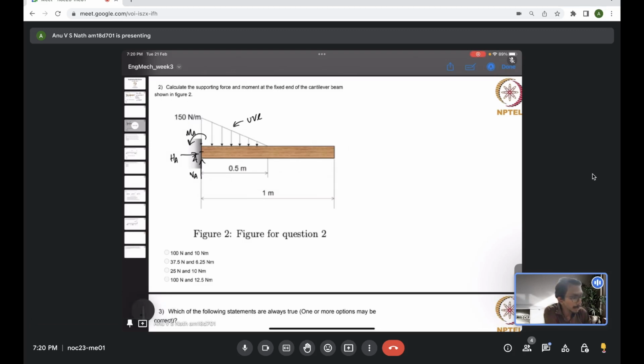You are expected to evaluate the reaction as well as the moment. I'll give you some time to try this out. It's pretty simple, basic concept only. If you find the answer, you can put it in the chat box.